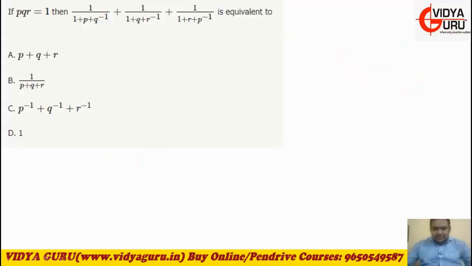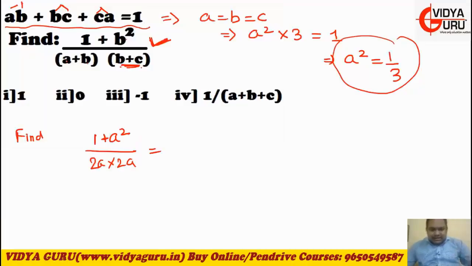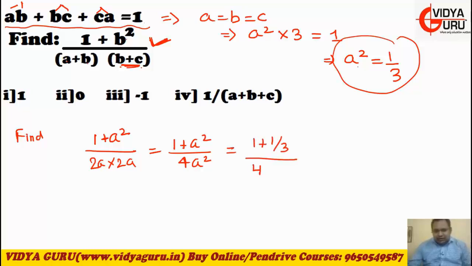So I would say that I have been asked to find the value of 1 plus A square divided by 4A square. Now substitute A square with 1 by 3. So 1 plus 1 by 3 divided by 4 into 1 by 3. So this is nothing but 4 by 3 divided by 4 by 3. So answer is 1.